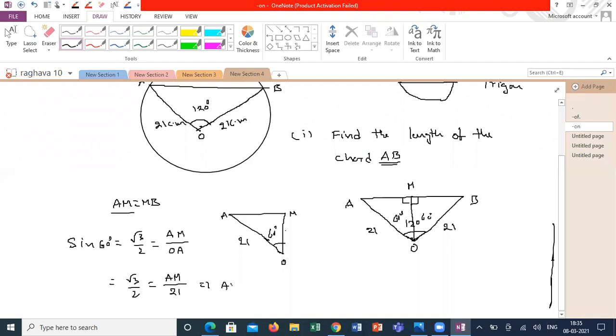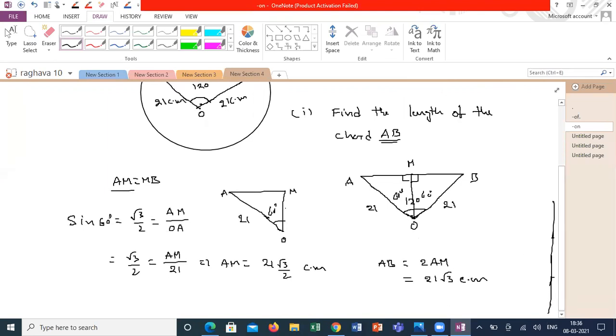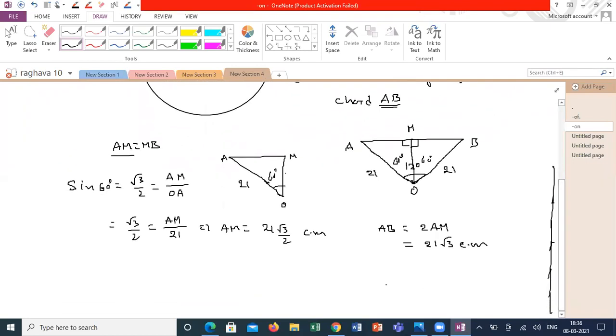So AM will be equal to 21 root 3 by 2 centimeter. So AB will be equal to 2 times AM, so this will be 21 root 3 centimeters. This is the length of the chord.